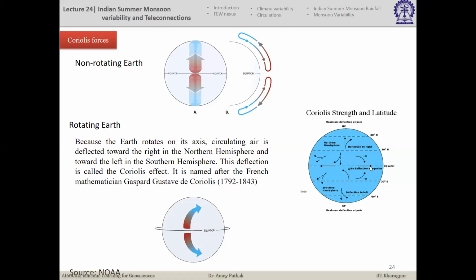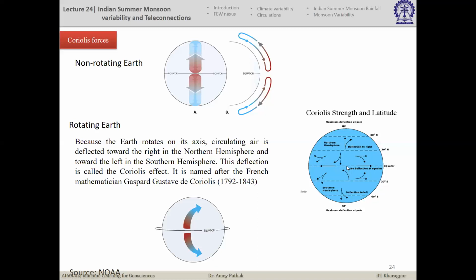So no deflection at the equator, maximum deflection at the poles, the northern pole and southern pole. If any particle moves from this point, because this is comparatively higher pressure than this one, wind takes place from high pressure to low pressure. So it will get deflected in the right direction here, and above this subtropical ridge, it will deflect in this direction.